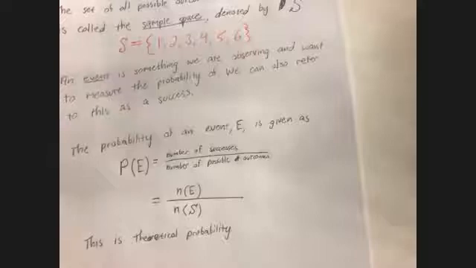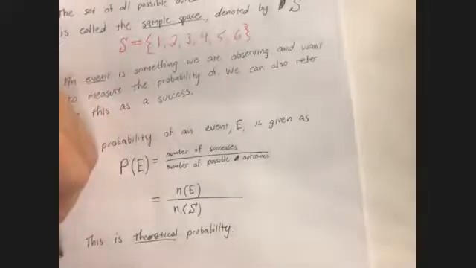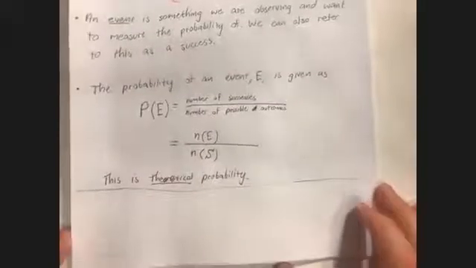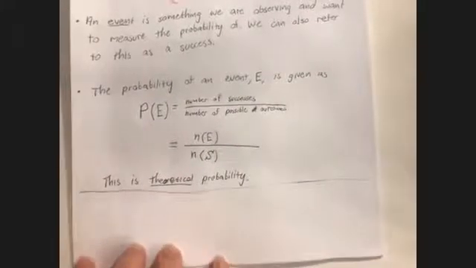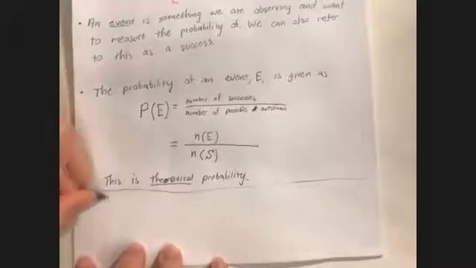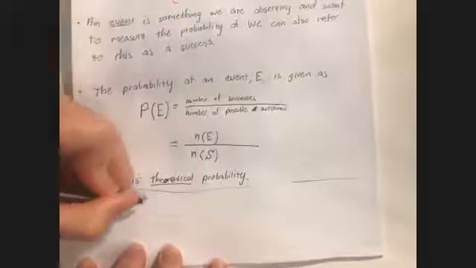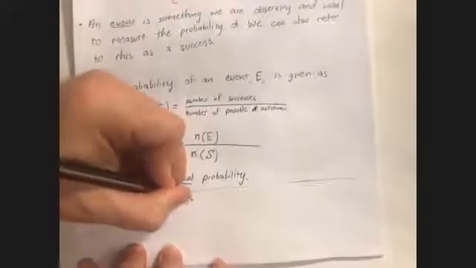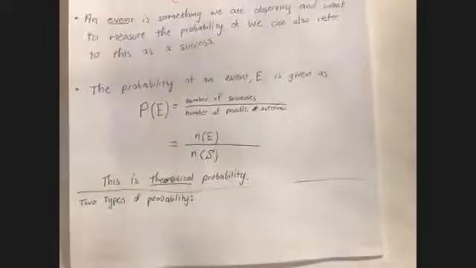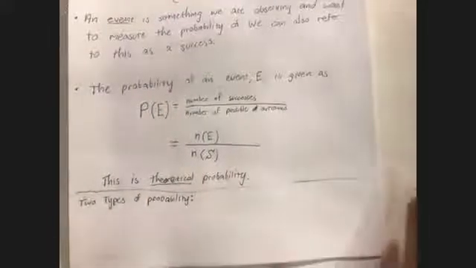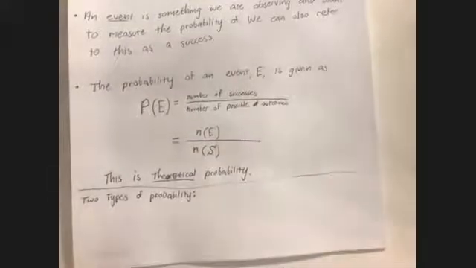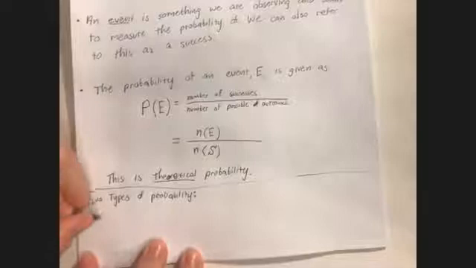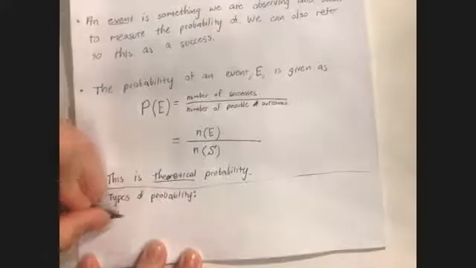So I'm telling you this is theoretical probability. You're like, well, what else is there? We're not going to go into too much detail right now over the other type, but I need to tell you about both. So there are 2 types of probability. And once I've mentioned these, we'll stop this video, and then the next video will take care of some homework. So the 2 types are, obviously, theoretical probability, what I just told you.